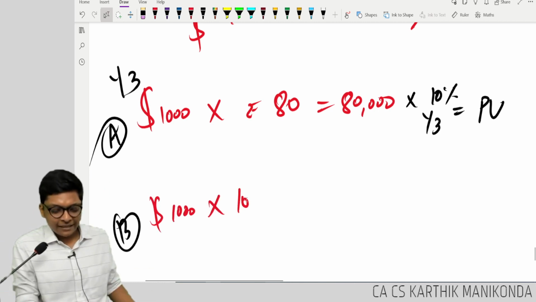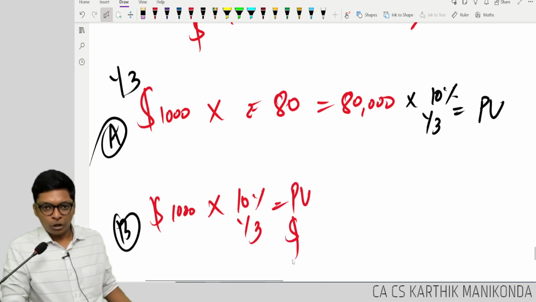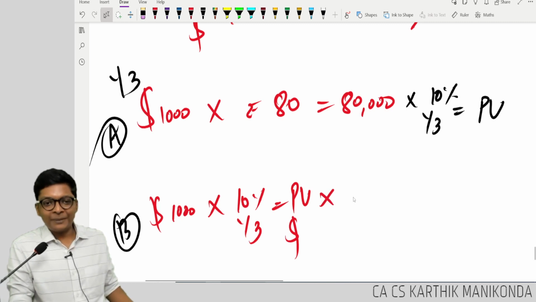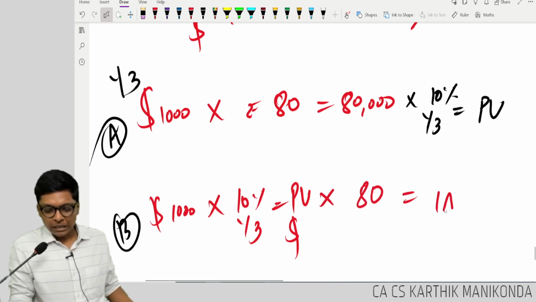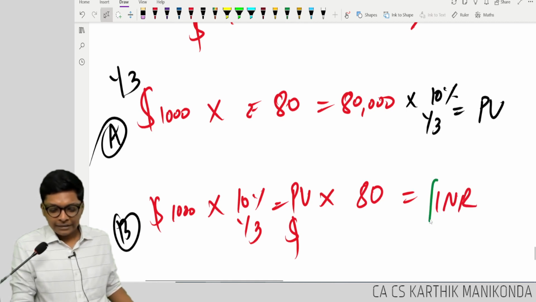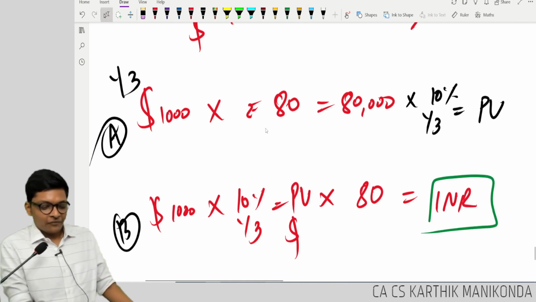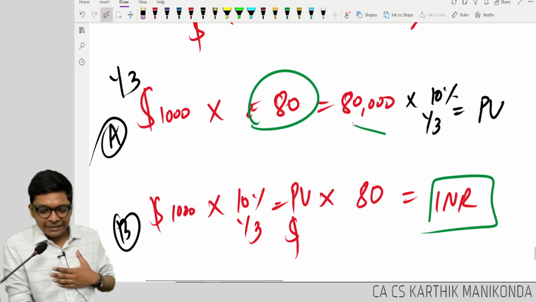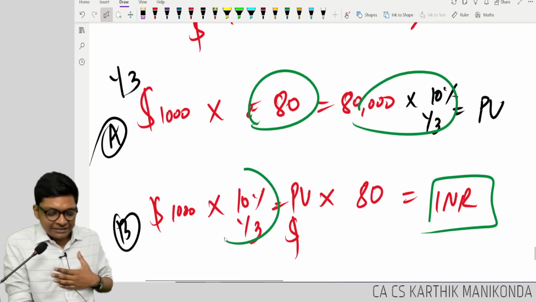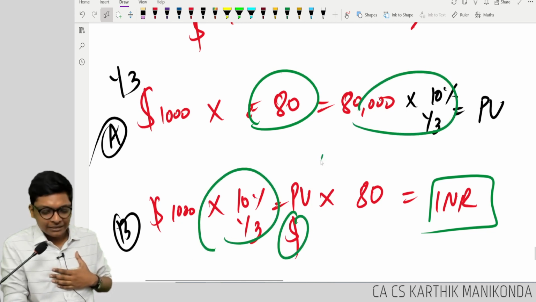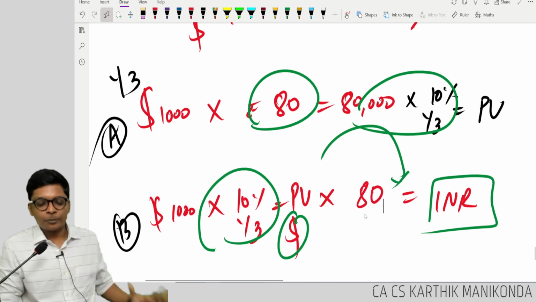First you multiply 10% in year 3 and compute present value in dollars and then multiply this by 80 and bring it to INR. Can you note the difference? First I am converting to rupees, then I am doing discounting. Here first I am doing discounting in dollars, then I am converting to rupees.